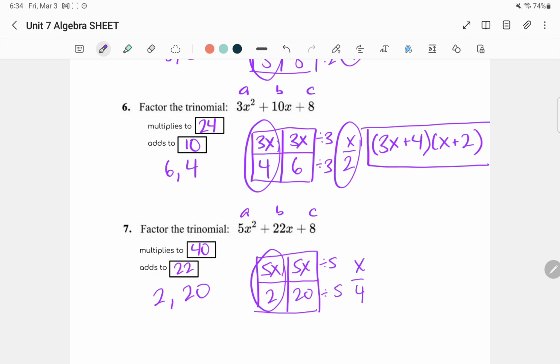And it's x over 4. Again, with the simplifying, you just have to know what are greatest common factors, what number can go into both. And it really helps to know our times tables. If we don't, we have to go online and find flashcards and practice them until we really get the hang of it. All right, so my answer is 5x plus 2 times x plus 4.